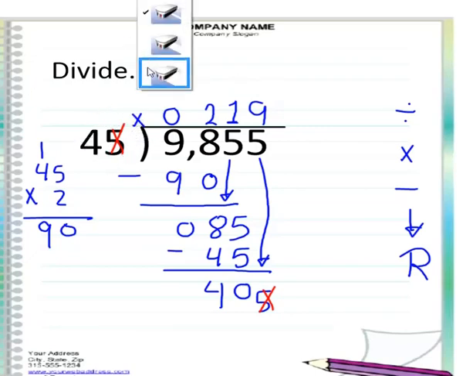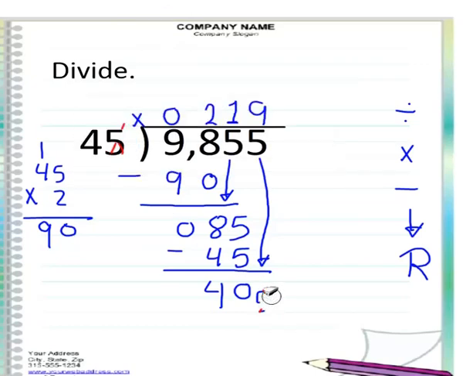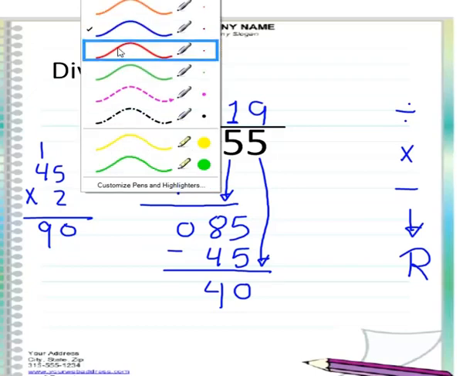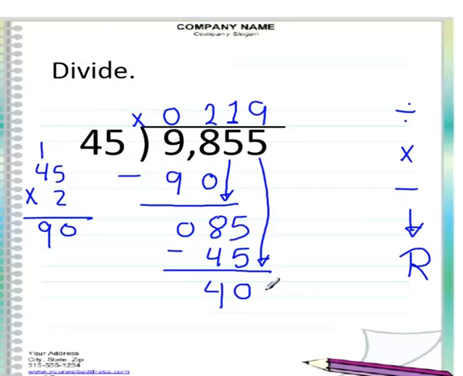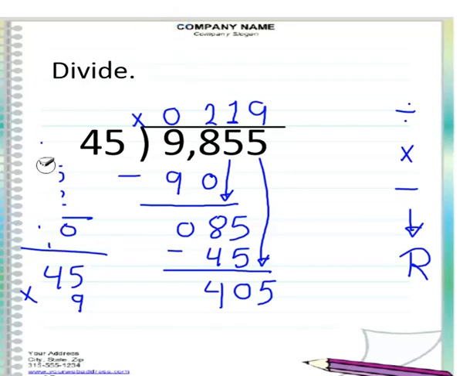Okay, here it was 5. Now I will multiply 45 times 9.